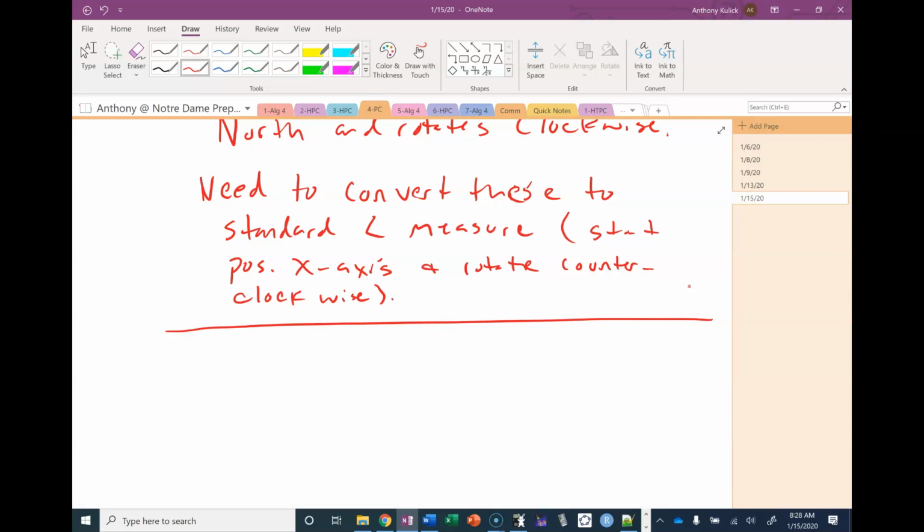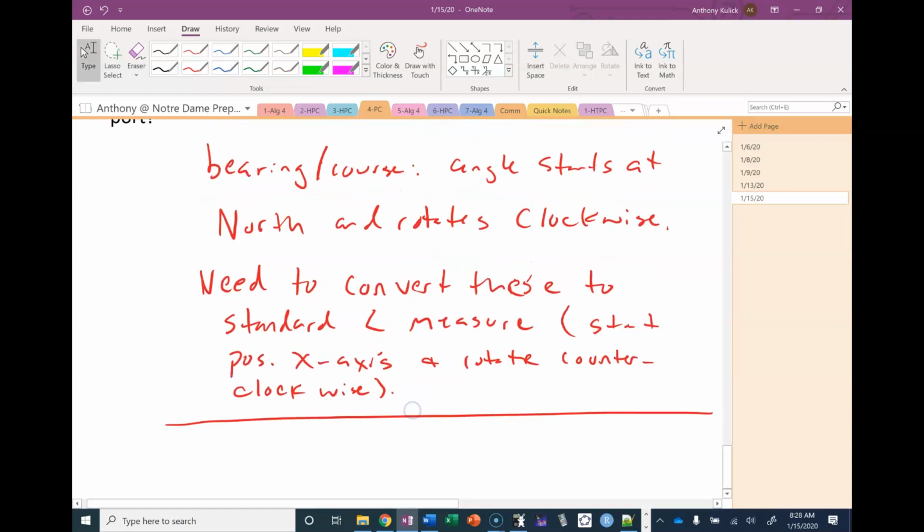Yes. Can I what? So a knot is a nautical mile per hour. I don't know what the difference between a nautical mile and a regular mile is. I have a feeling it has to do with curvature or something. I don't know. Obviously it's on water, sure.